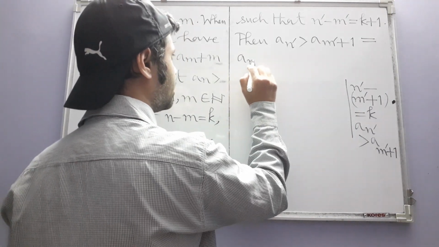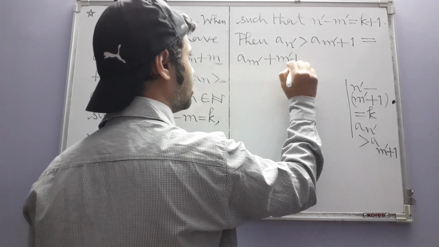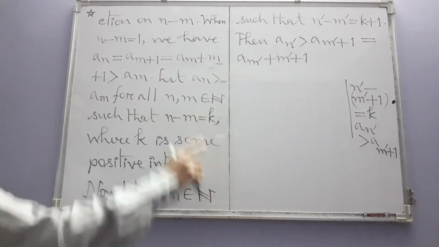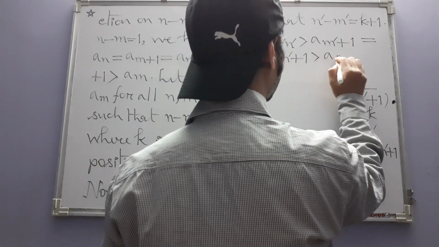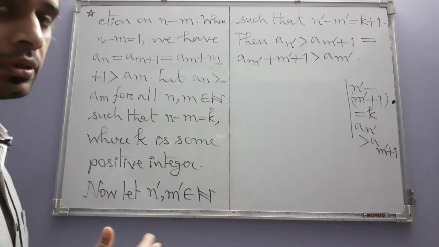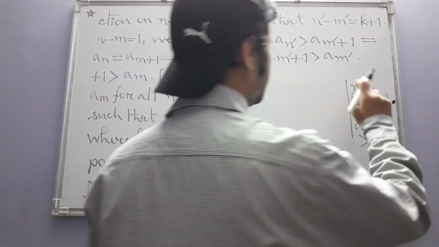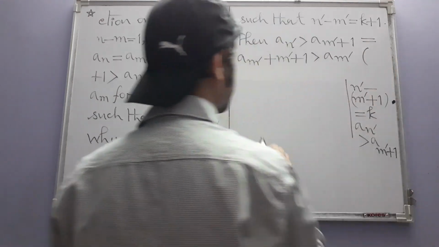So according to that, this is a_m prime plus m prime plus 1. But like before, this is now greater than a_m prime, and that's what we had to show. And this thing we can write within brackets.